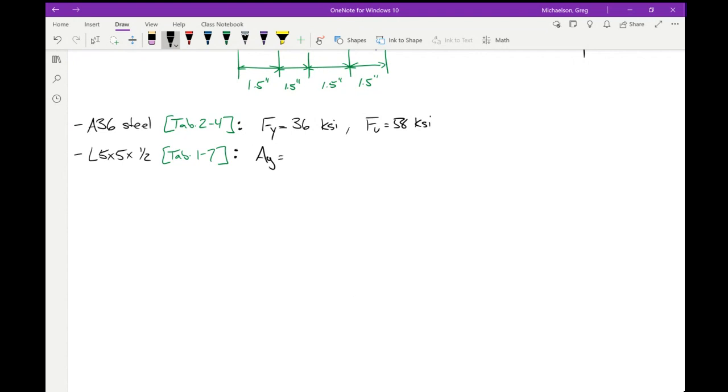We're also going to need a thickness, but we know the thickness. That's just a 1/2 inch. What's the gross area? Okay, 4.79 square inches.